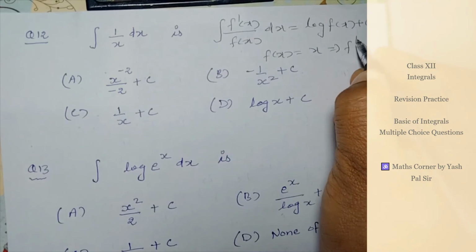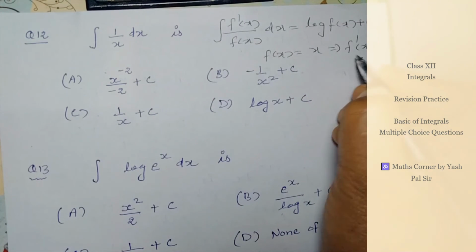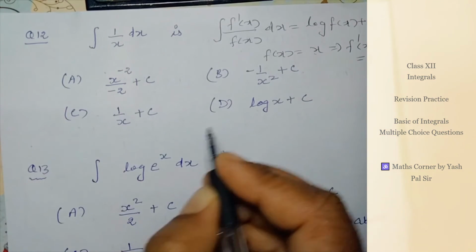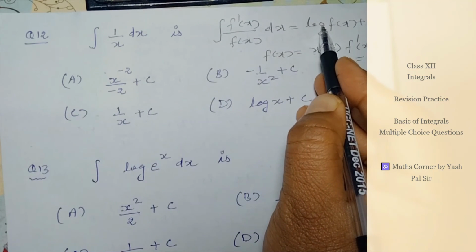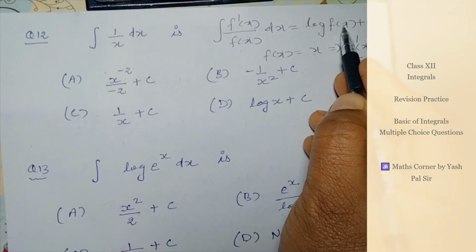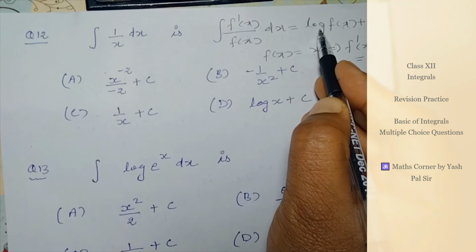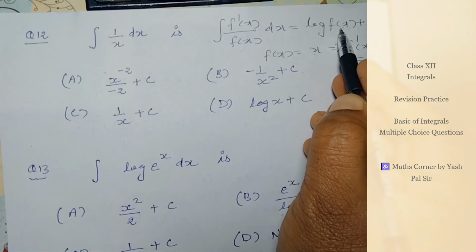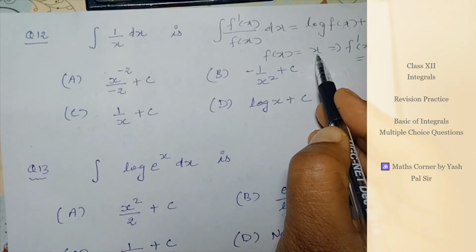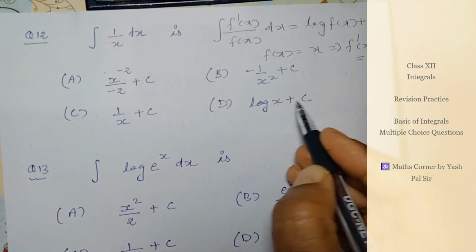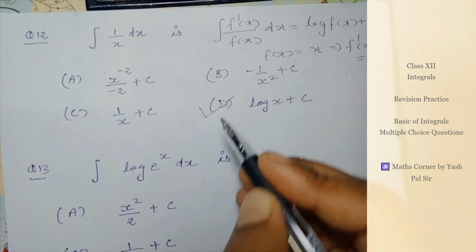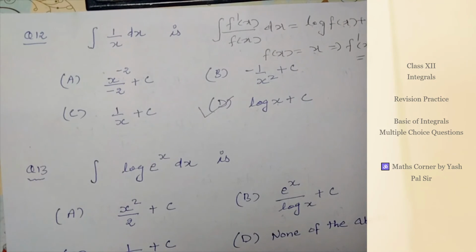That means f dash x, the derivative of x, is 1. So directly we are substituting in the rule, the right hand side is log of f of x. f of x is x, log of x plus c. Option number D is the right choice.